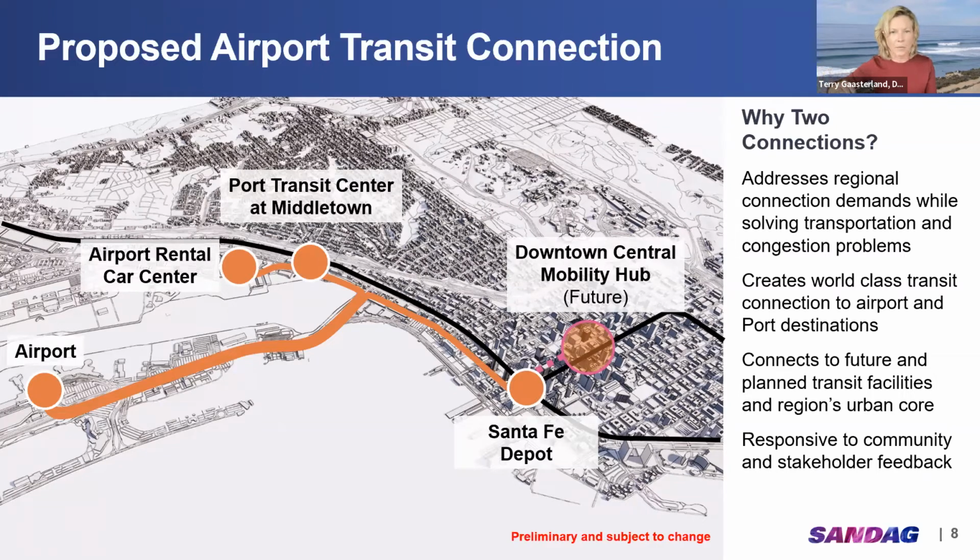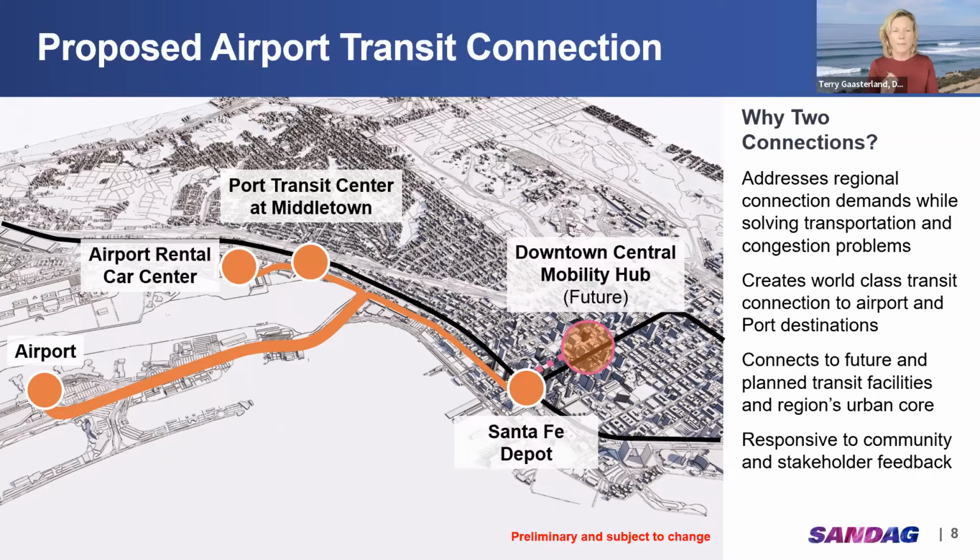Let's look right now at what Google Maps tells us it takes to get to the airport. From Del Mar, it is 20 miles and 28 minutes by car. If I go from Del Mar to Old Town, it's 16 miles and 20 minutes by car, an 8-minute difference. If I go from Del Mar to Middletown, it's 18 miles and 20 minutes.